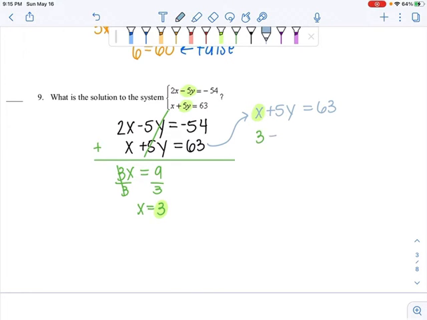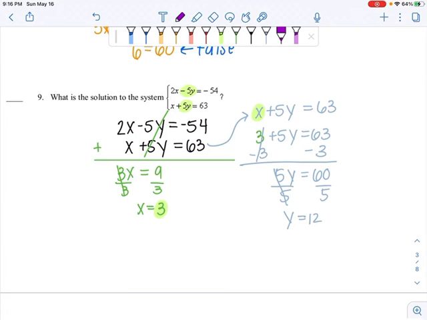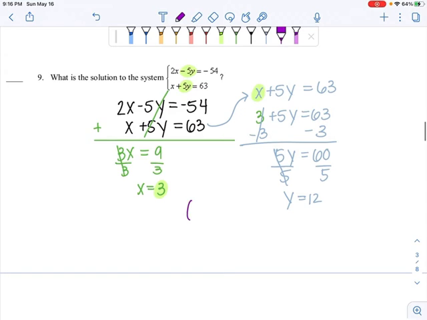Subtract 3 on both sides. That gives me 5y equals 60. Divide by 5 on both sides, and that gives me y equals 12. So in order to get the correct answer, I have to put this in an ordered pair, which would be (3, 12).